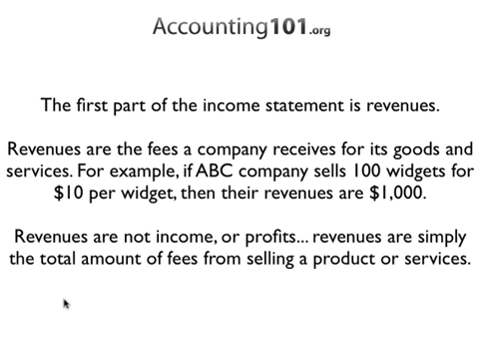So, basically, it's the amount of money they've earned, whether they've received it or not. So 100 widgets at $10 a widget, their total revenues would be $1,000. Now, revenues are not income, and they're not profits. Revenues, like I said, are simply the total amount of fees that a company has earned from selling a product or a service.